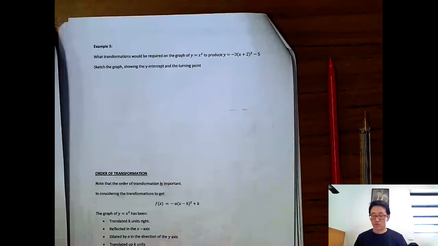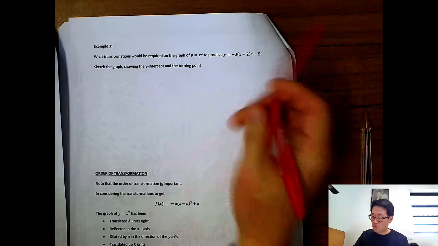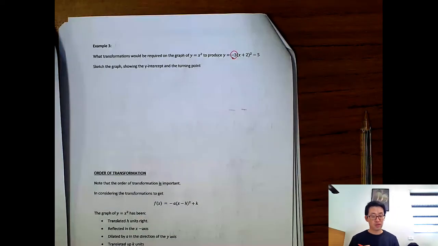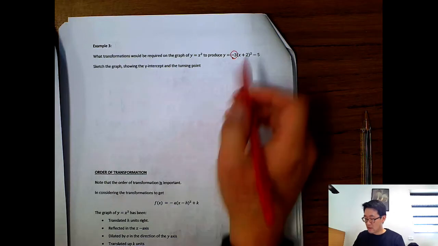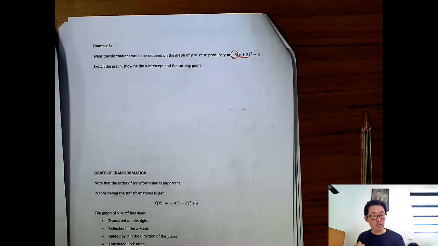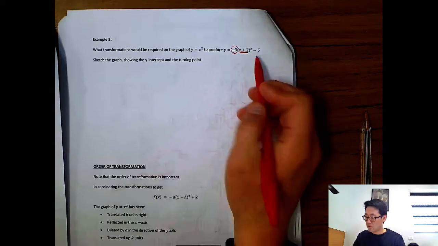I'll just do this really quickly. I mean, you got the solution there. So when you look at it, all you need to do, a is minus 3. So this is what? Reflected. Yeah, this is reflected. And the dilation factor is 3. And move horizontally, or x-axis, how much? Opposite of this, minus 2.